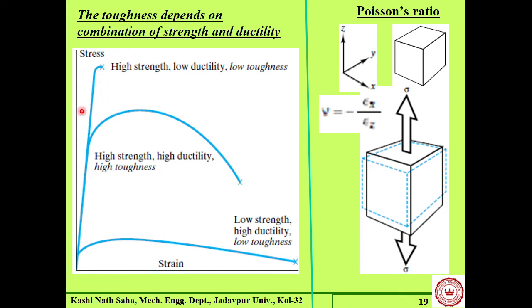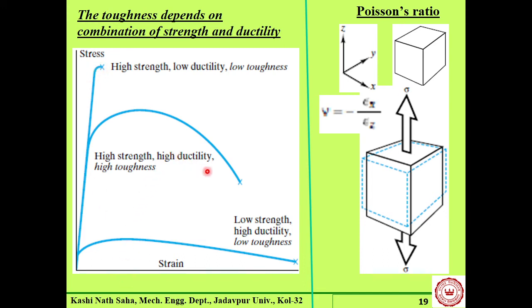Brittle materials give high stress values in general, but their toughness is low, and that is why if you drop a cast iron product from an appreciable height, there is a possibility that it will break.